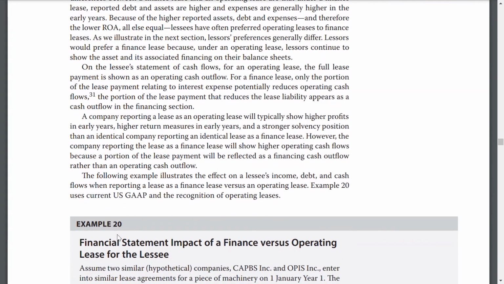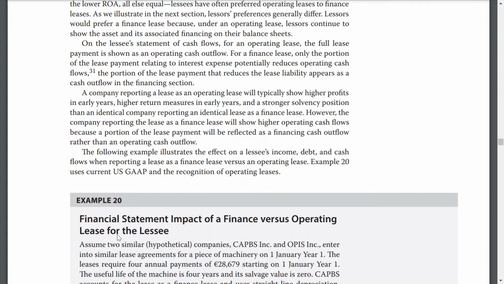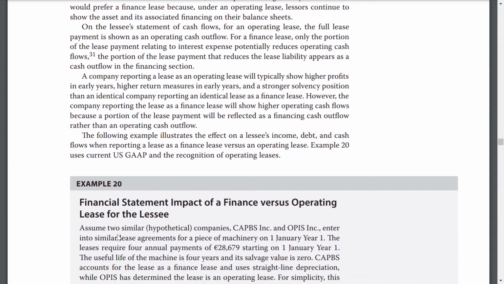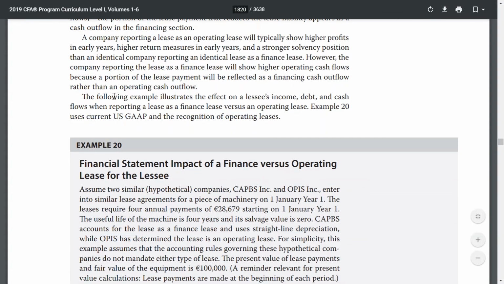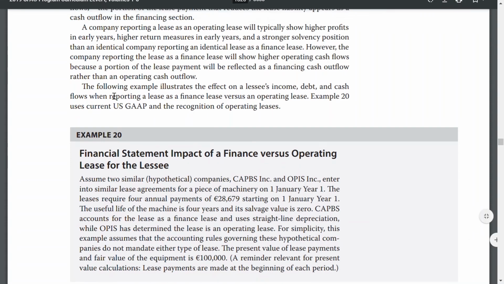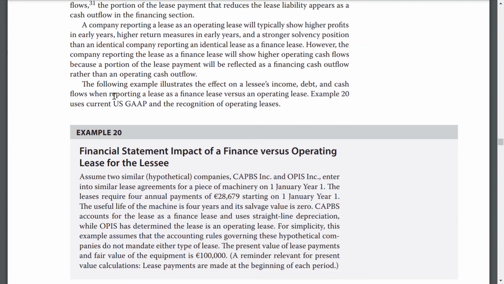A company reporting a lease as an operating lease will typically show a higher profit in earlier years, higher return measures in earlier years, and a stronger solvency position than an identical company reporting an identical lease as a finance lease. However, the company reporting the lease as a finance lease will show higher operating cash flows because a portion of the lease payments will be reflected as financing cash outflows rather than an operating cash outflow.